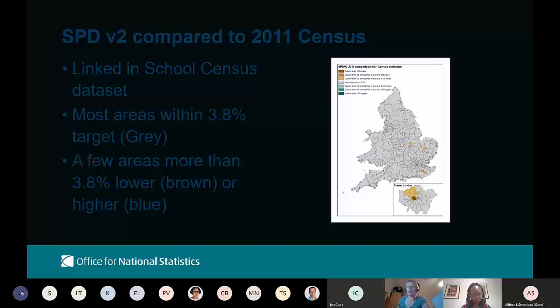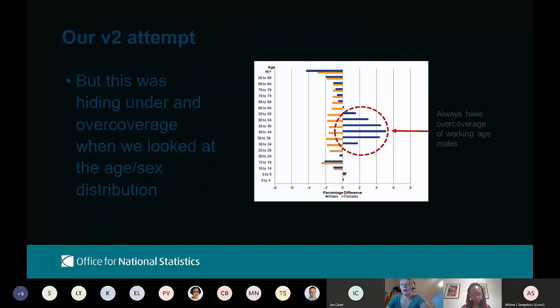But actually, we also looked at the age-sex breakdown of the estimates at a national level, and what you can see in the chart on the right-hand side is that for men of working age, between 30 and 59, those estimates were higher than the census.